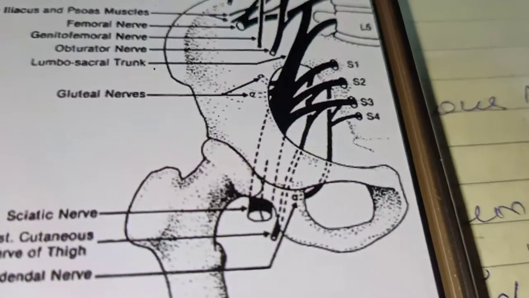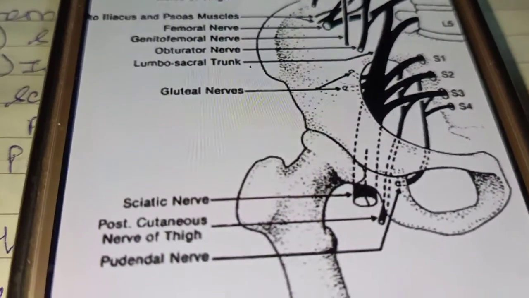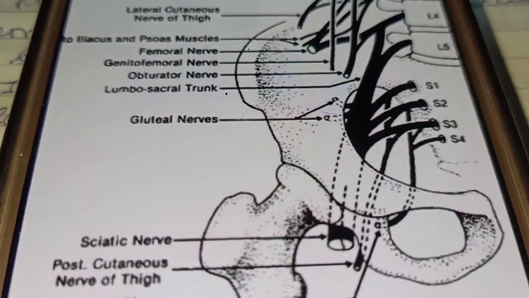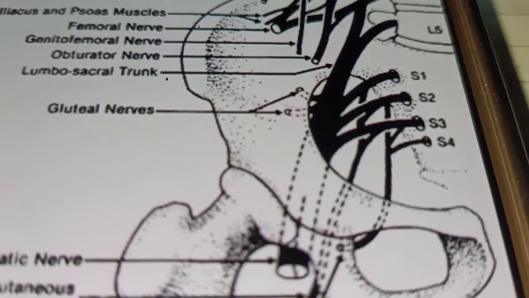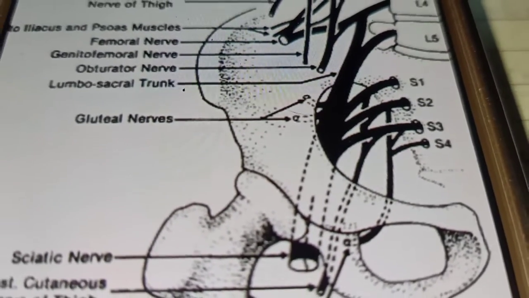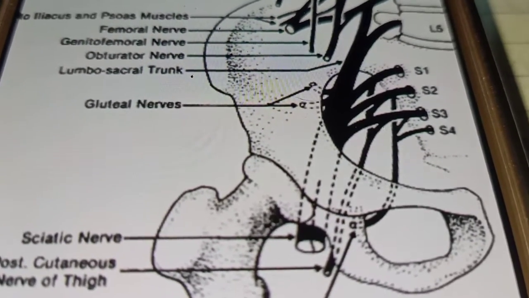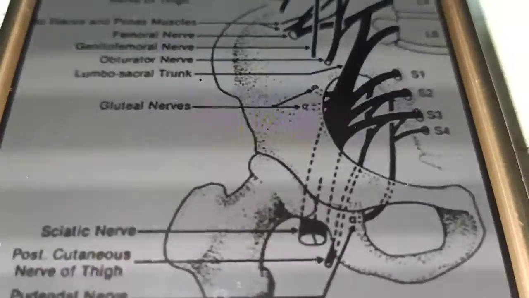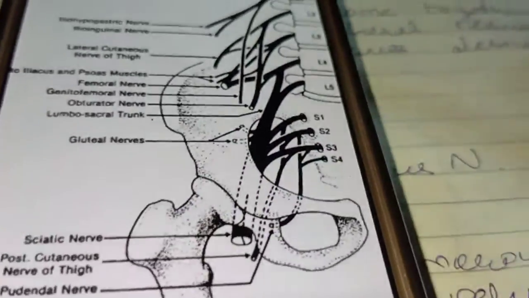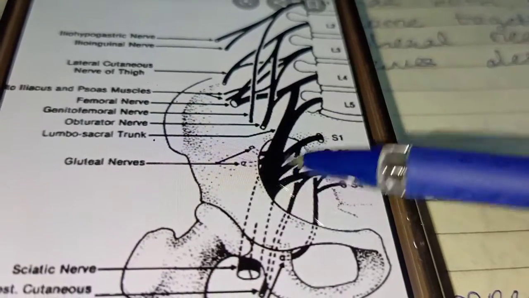Now, the anterior and ventral rami, or division, of the sacral spinal nerves S1 to S4. It also receives contribution from the lumbar spinal nerves L4 and L5, which combine to form the lumbosacral trunk. You can easily see here lumbar roots L4, L5 descending down in the pelvis.